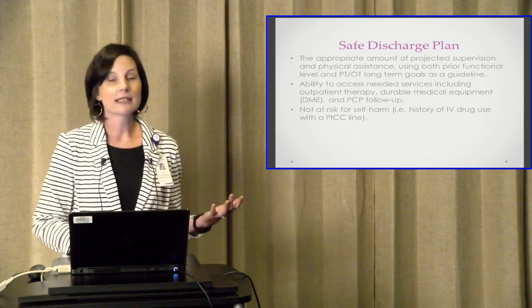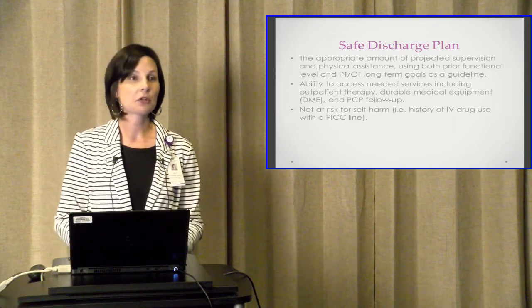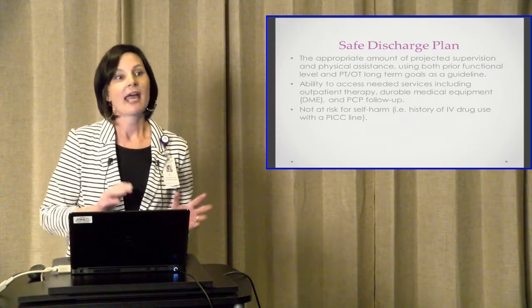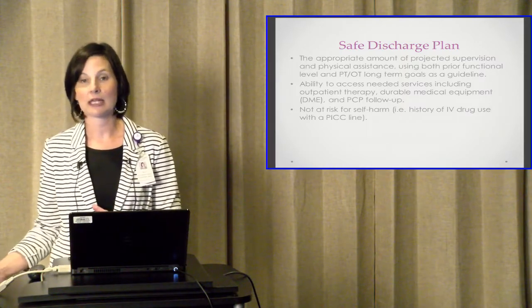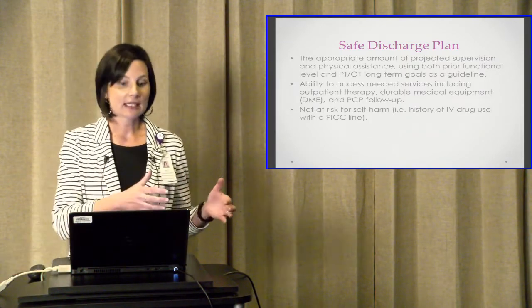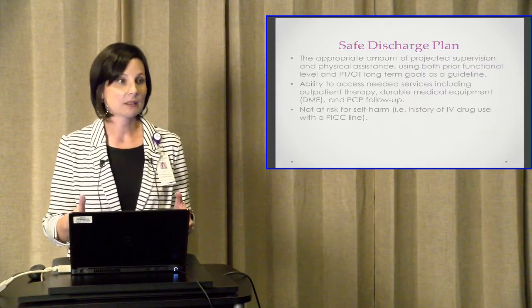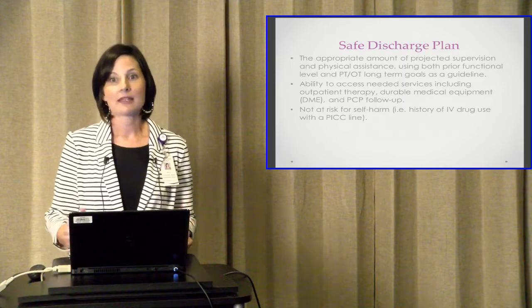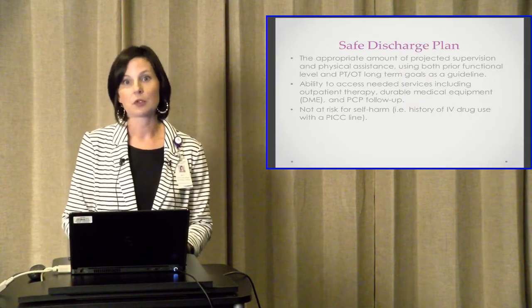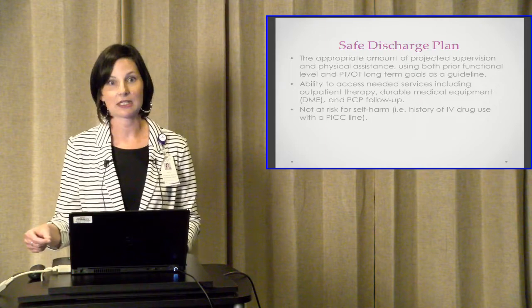Well, we know from our estimated length of stay that we're going to have 2 to 3 weeks with that patient. And then they're going to go home with their elderly wife who has a bad back and can't do any lifting. Now, as a therapist, I can see that in 3 weeks our therapists, as wonderful as they are, likely will not be able to get this patient to the point that they can get on and off the toilet safely without any lifting assistance.